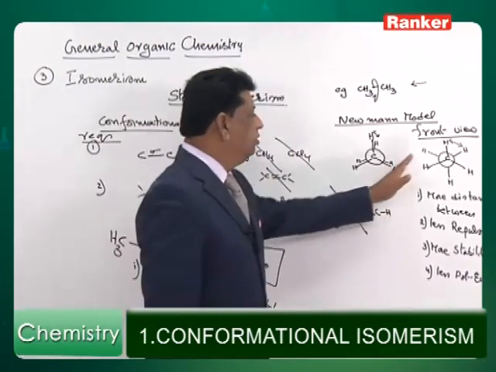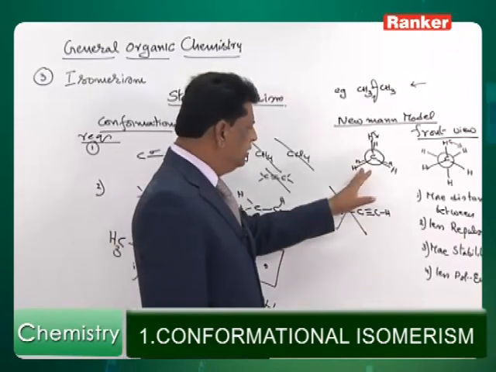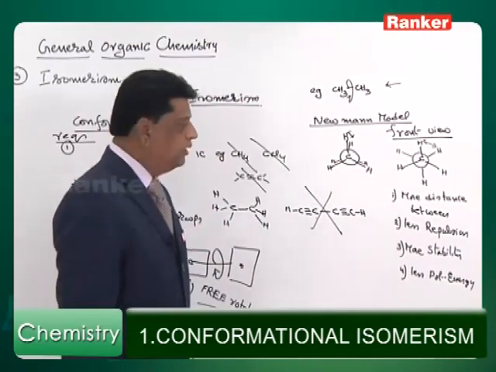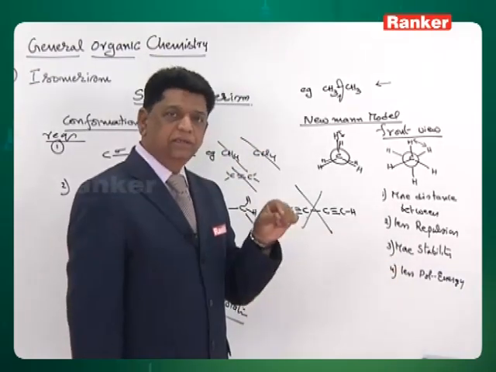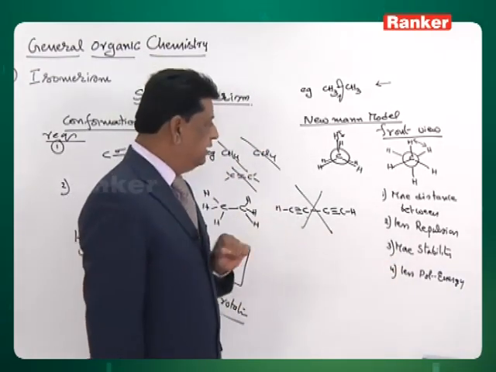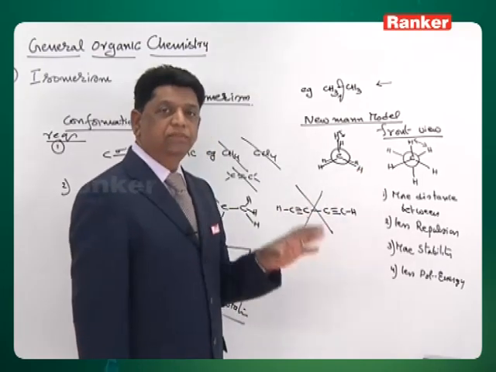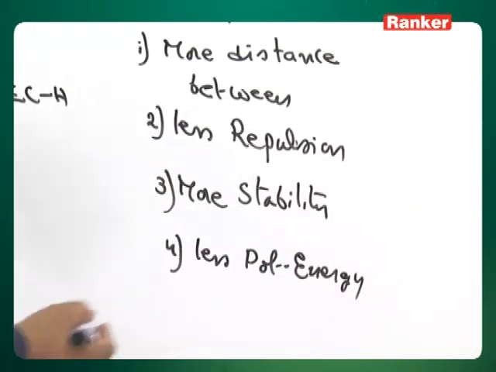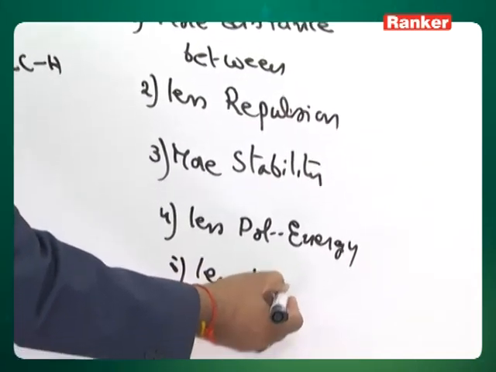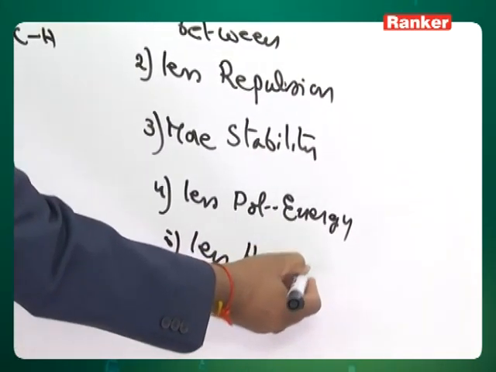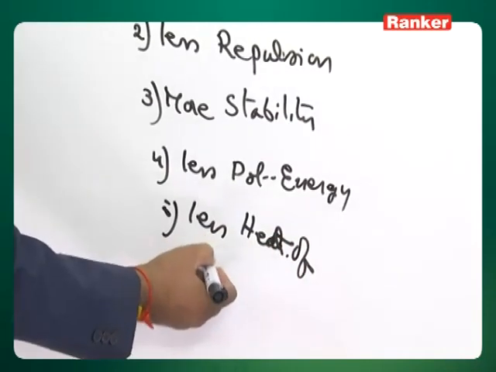When you burn both molecules, both give carbon dioxide and water, but this one has less potential energy, therefore it liberates less energy. That is called heat of combustion. So this molecule will therefore have a lower heat of combustion.